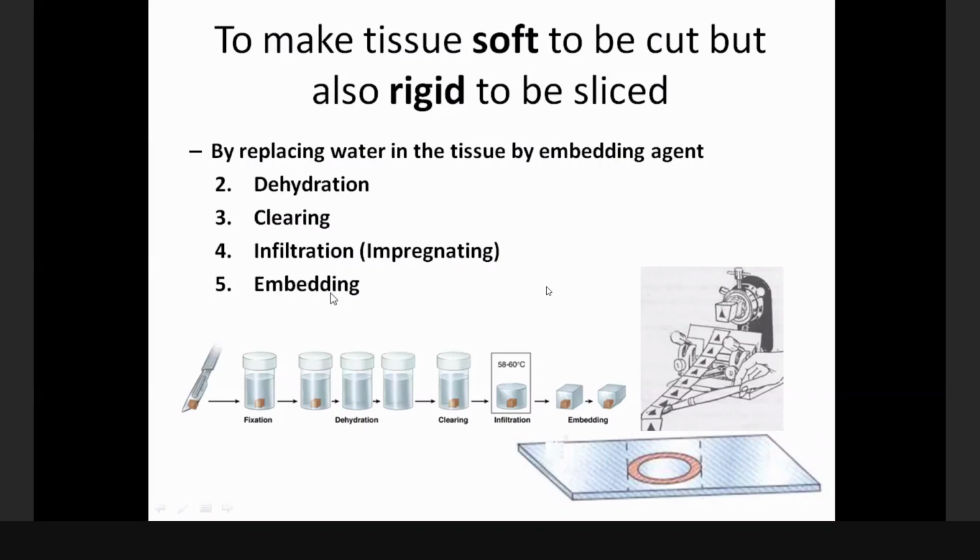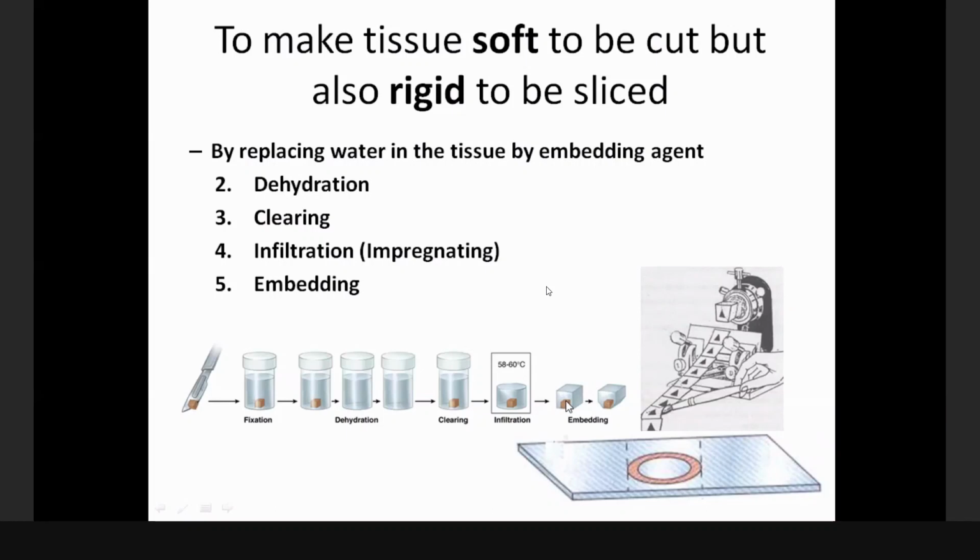After you do this, you take it out and put it in a mold, just like they make a candle in a mold. The molding should be done in a way that the tissue is oriented for later slicing.